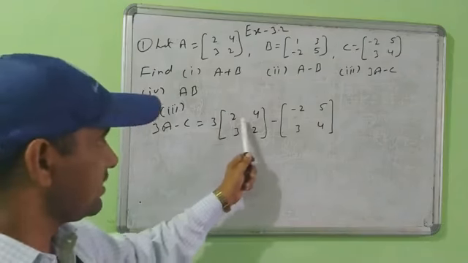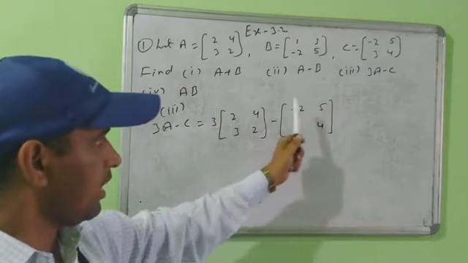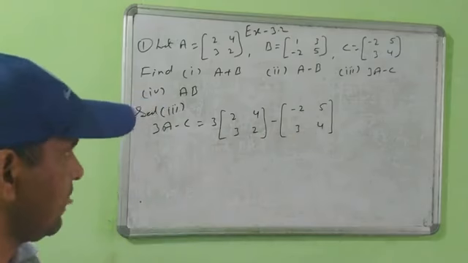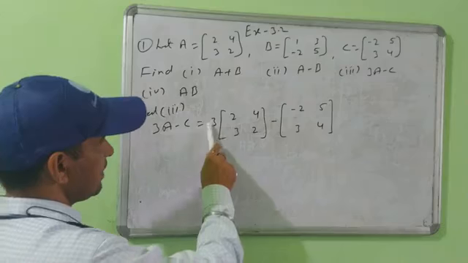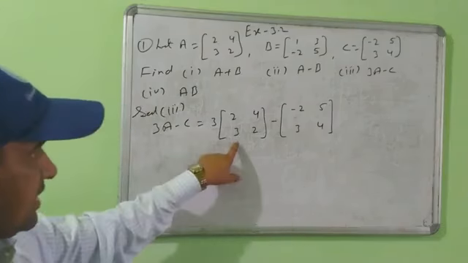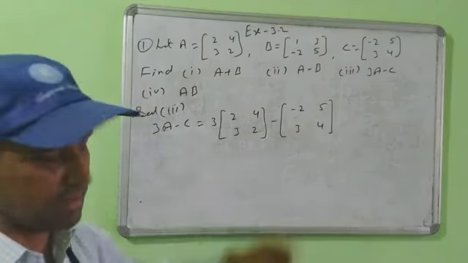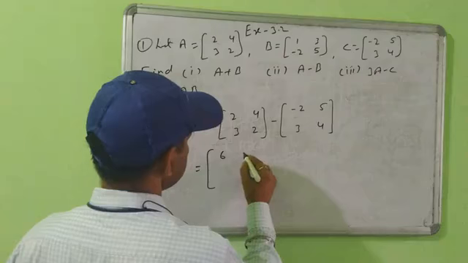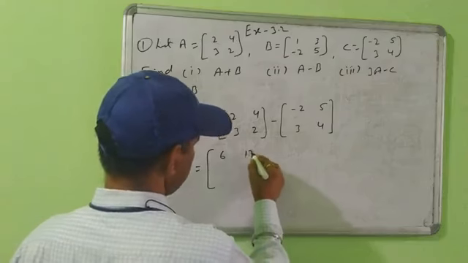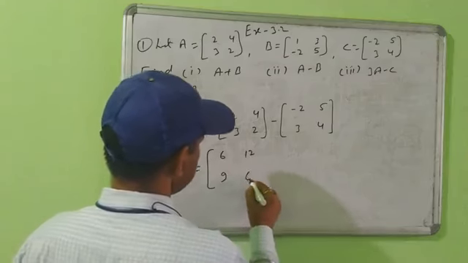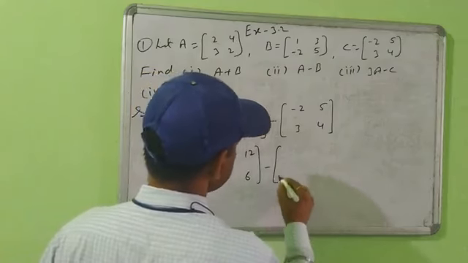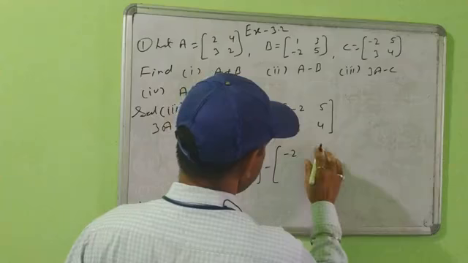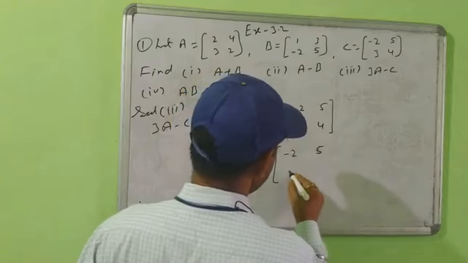First of all, you will multiply the 3 into matrix A. After that, you will subtract matrix C. When you multiply any scalar number with a matrix, then the whole matrix will be multiplied. So 3 times 2 is 6, 3 times 4 is 12, 3 times 3 is 9, 3 times 2 is 6.